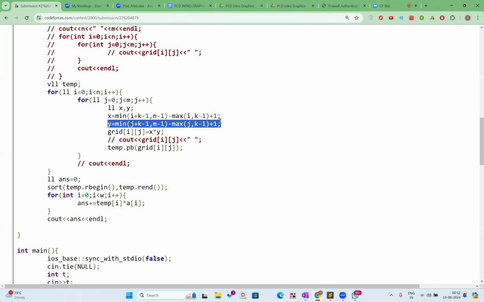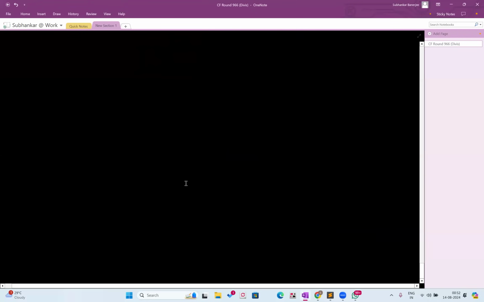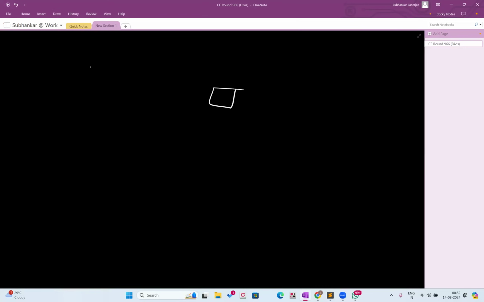Why is there a +1? Okay, so the plus one comes in the formula only. I'll just show you why. You can try to calculate this yourself as well for the i, j cell. What will be the contribution? So basically, I'll just observe the right border.